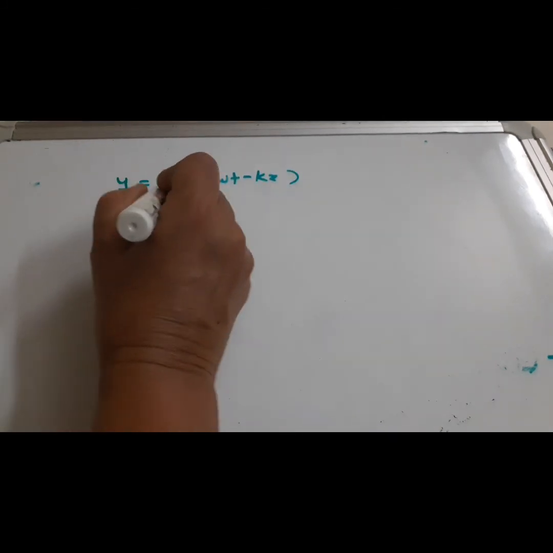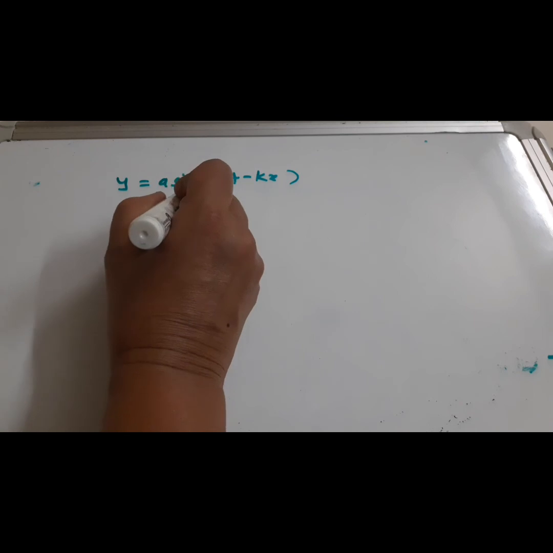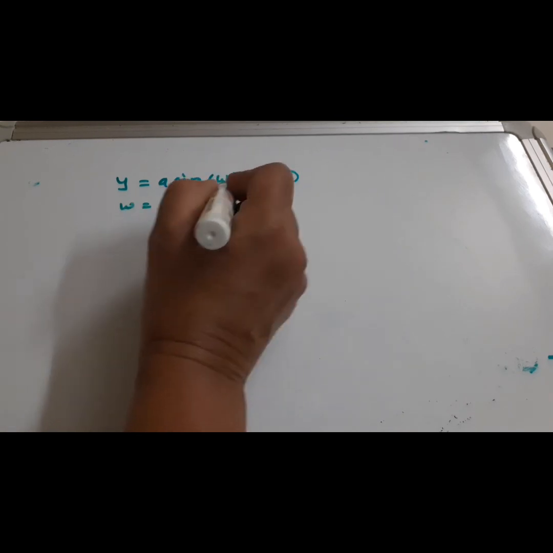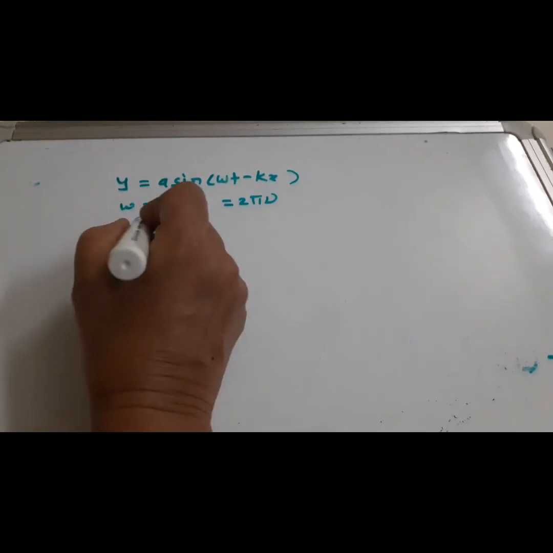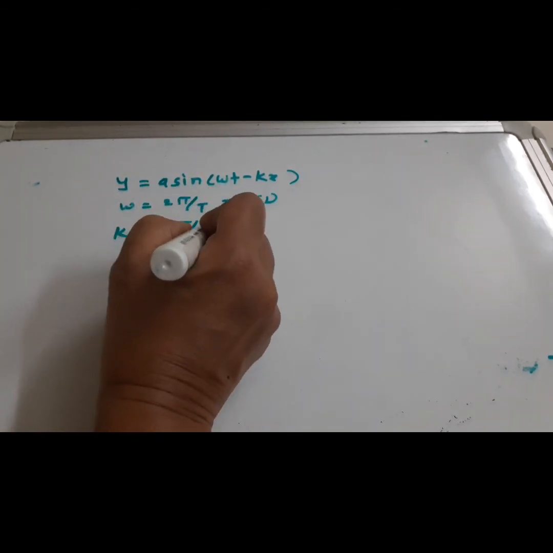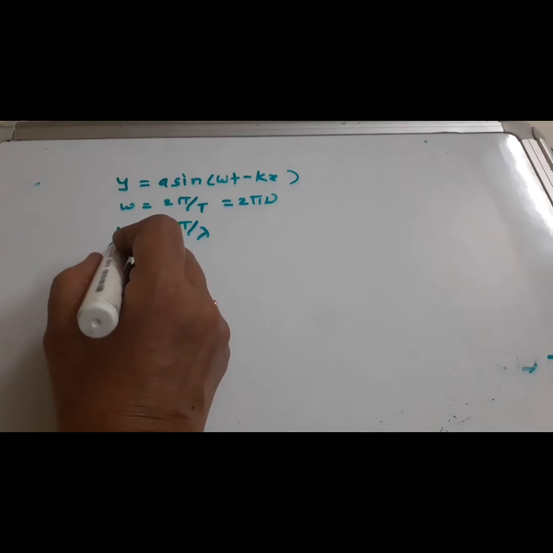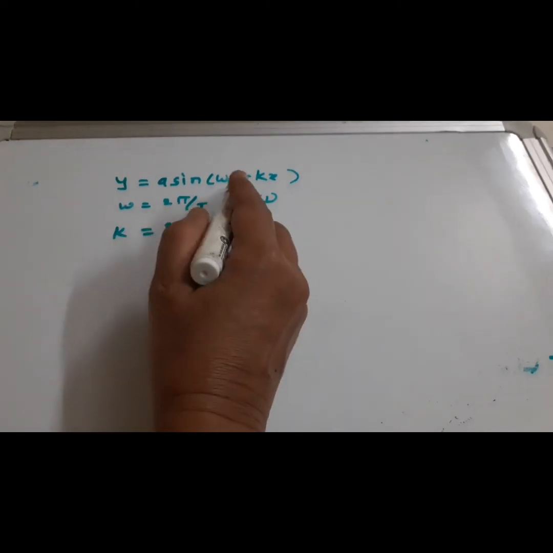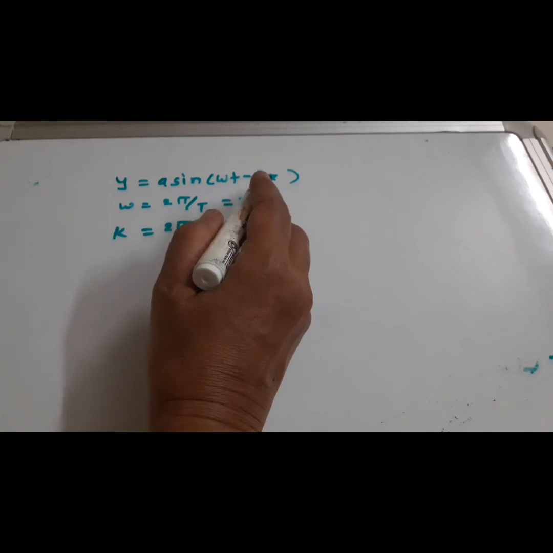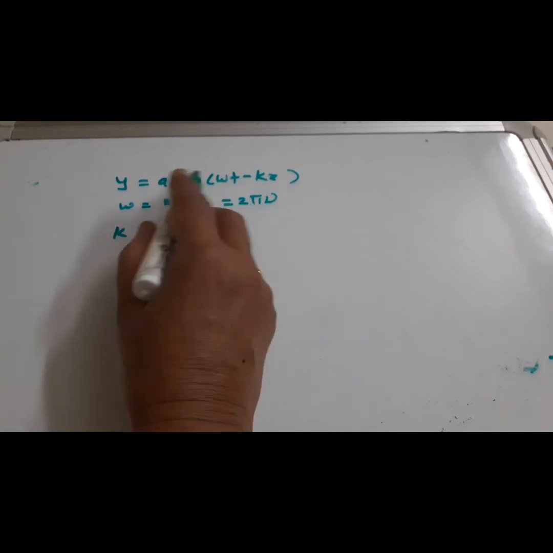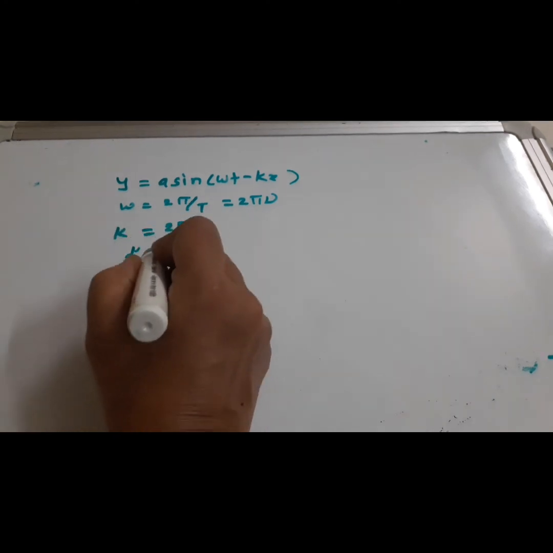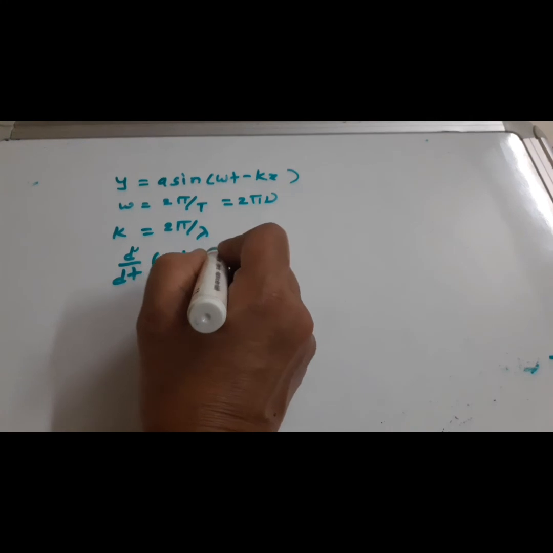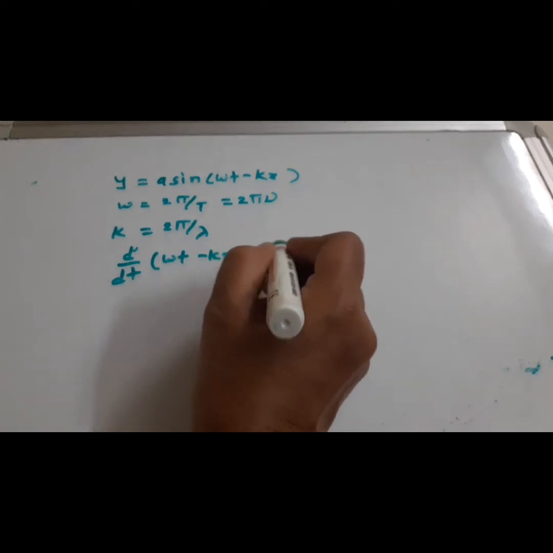Again we know that omega is equal to 2 pi by T, that is equal to 2 pi nu, and k is equal to 2 pi by lambda. Here omega t minus kx represents the plane of constant phase, so differentiating, d by dt of (omega t minus kx) is equal to 0.